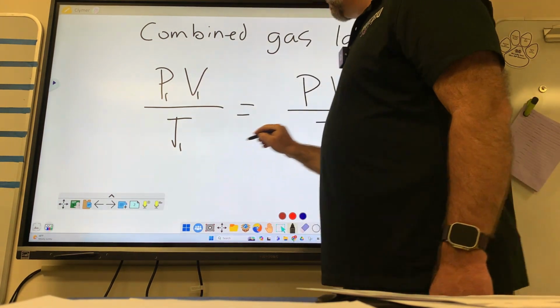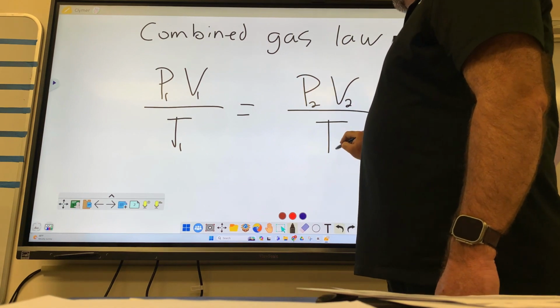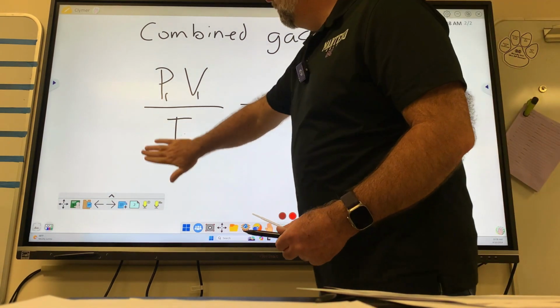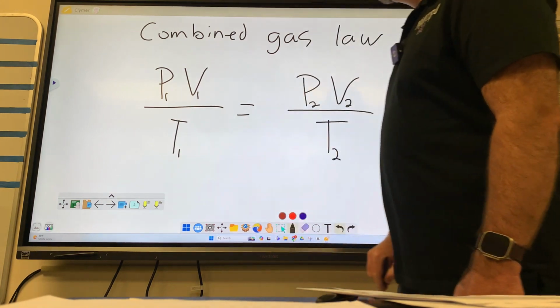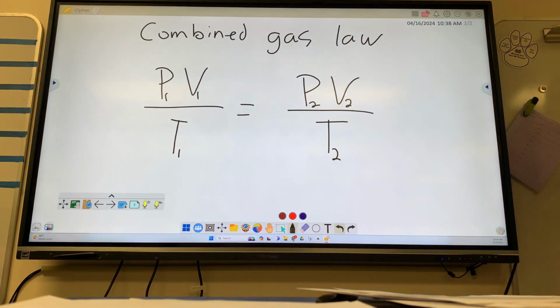This whole mess. That's a T with a little button hook on the bottom, so we should probably just write it. This is what you need to know about the combined gas law. And this is how we're going to use this thing.